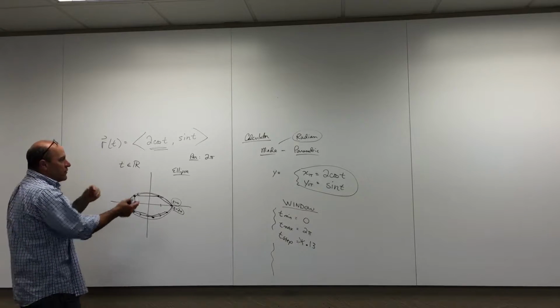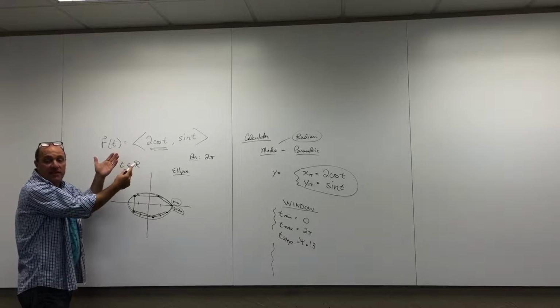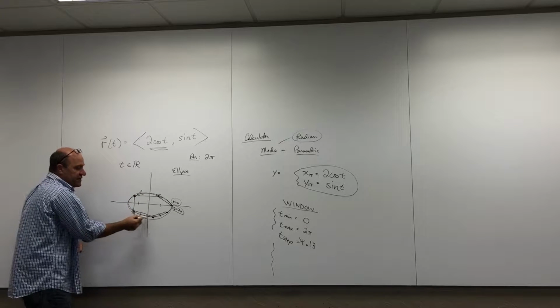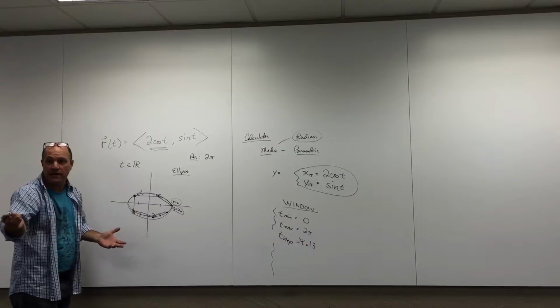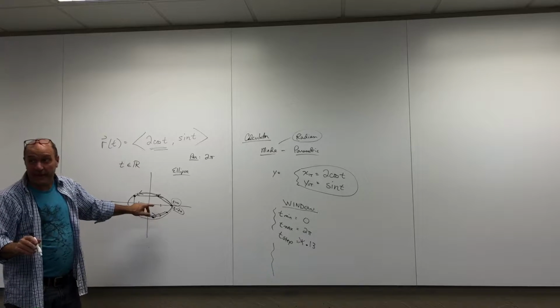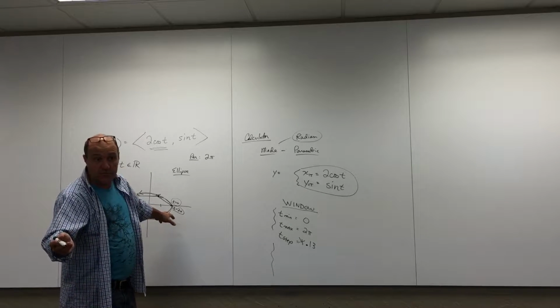Oh, remember how when we graph these, we want to show orientation. I needed those little arrows to tell me the direction of increasing t, counterclockwise or clockwise, and you guys figured that out. But now that you know how to use your calculator, it will show it.